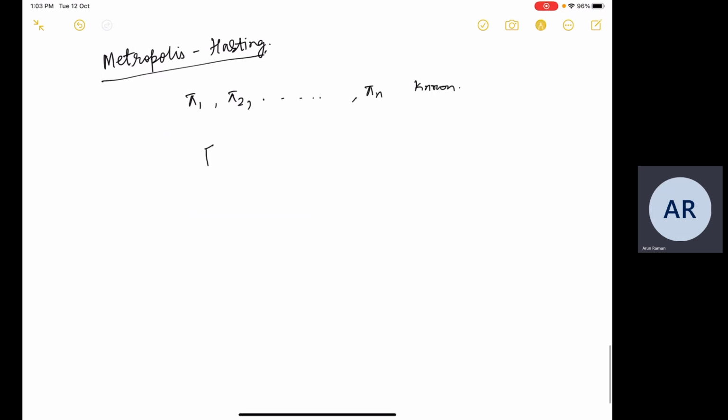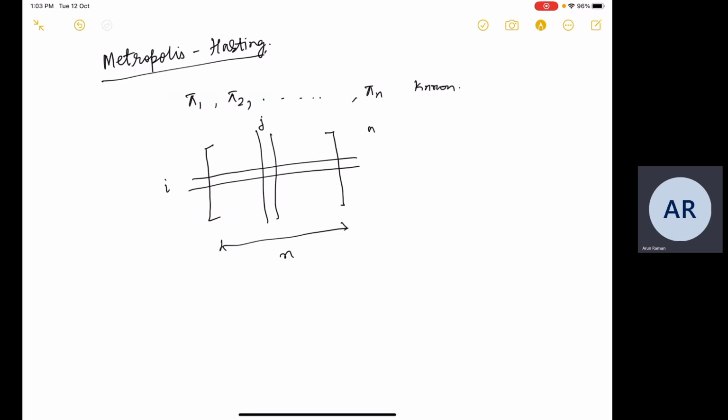What we are interested in is generating an n cross n matrix, where the entry Pij is the probability of going from i to j.